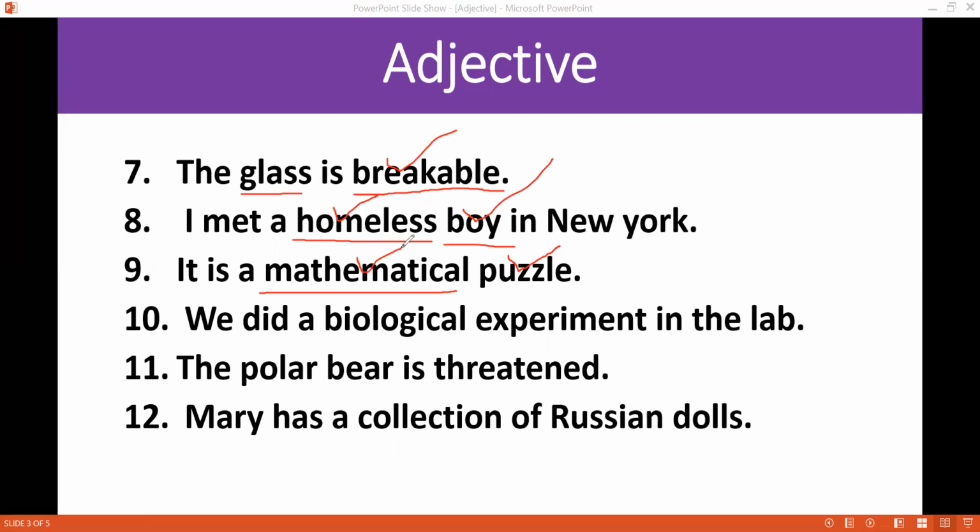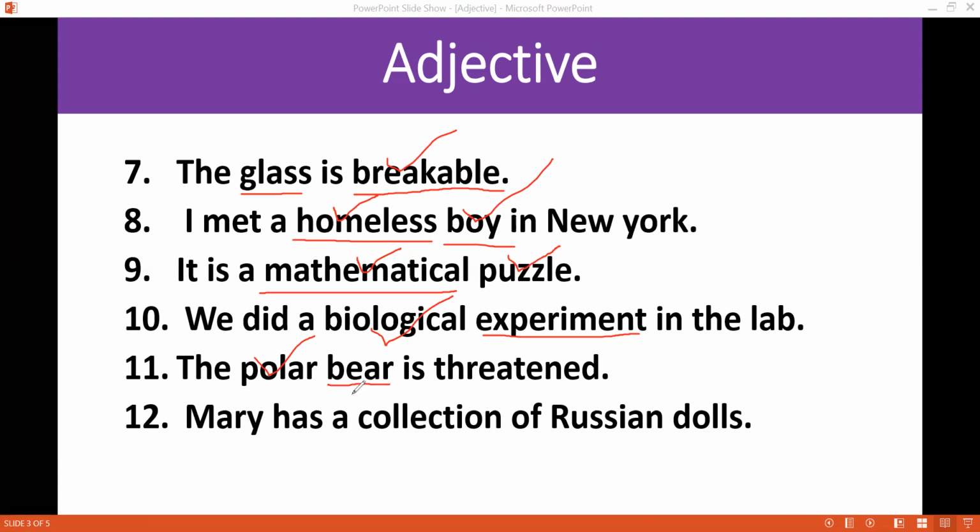We did a biological experiment in the lab. Experiment is a noun and biological is an adjective. It's explaining what kind of experiment they have made. The polar bear is threatened. Polar is an adjective. Bear is a noun.